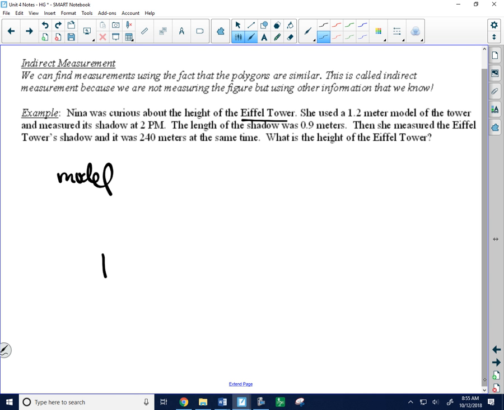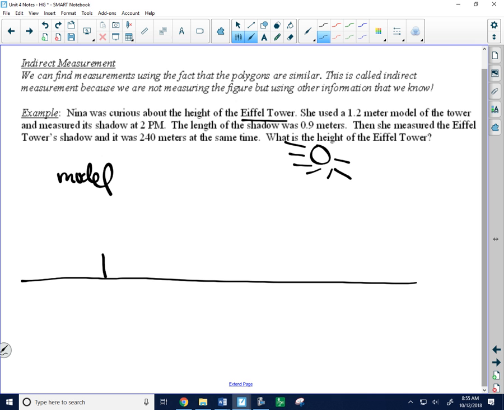And she measured its shadow at 2 p.m. So here's the sun over here. So there's the model. Here's the ground. The length of the shadow was 0.9. Right? The sun's shining down, it made a shadow of 0.9 meters. And her model was 1.2 meters tall.